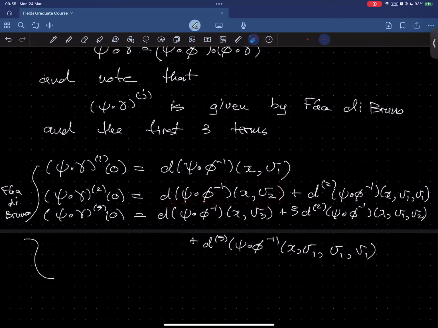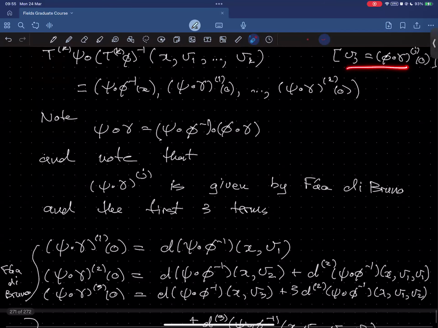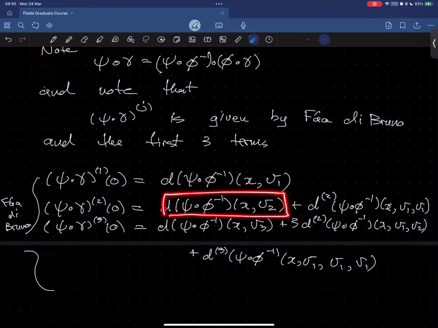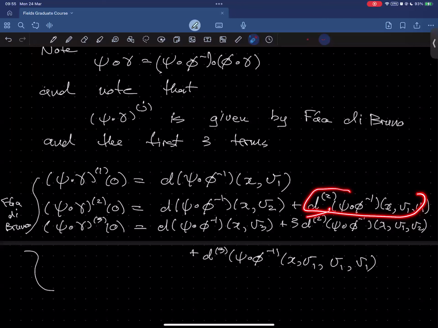Notice that this highest order term, and by highest order I mean involving the highest v, because the v's, remember, are the derivatives of the curve, is exactly like this thing. So you can take this and move it over to the other side, and then you see that the dependence on x, v1 and v2 is now a diffeomorphism in x and v1.